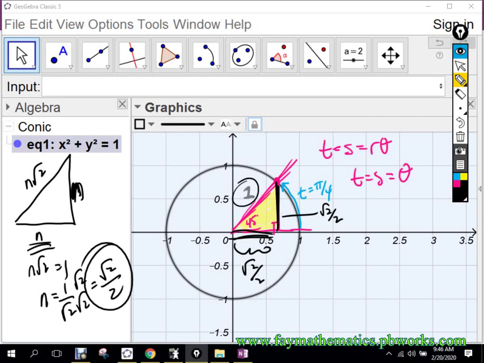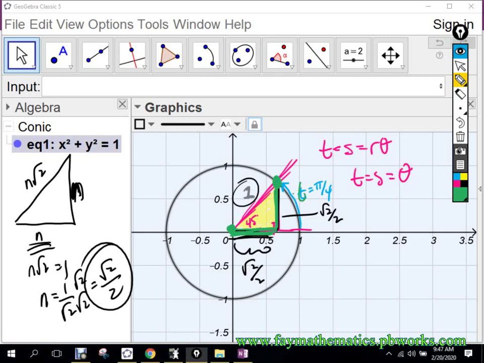So if I want to go from 0, 0, and I travel this distance, which is radical 2 over 2, and then I follow it by that distance, which is radical 2 over 2, it gets me right there, correct?